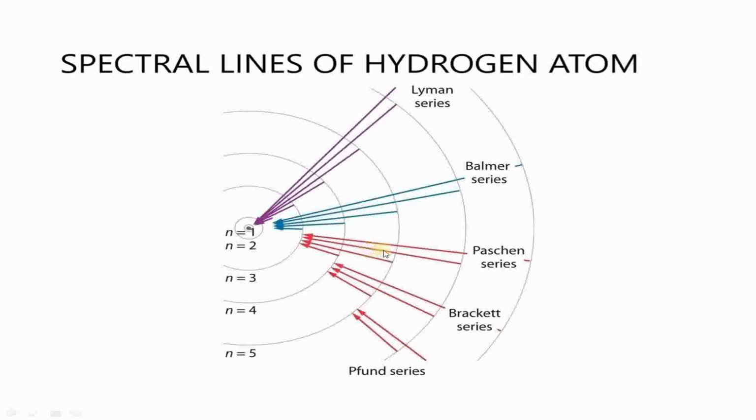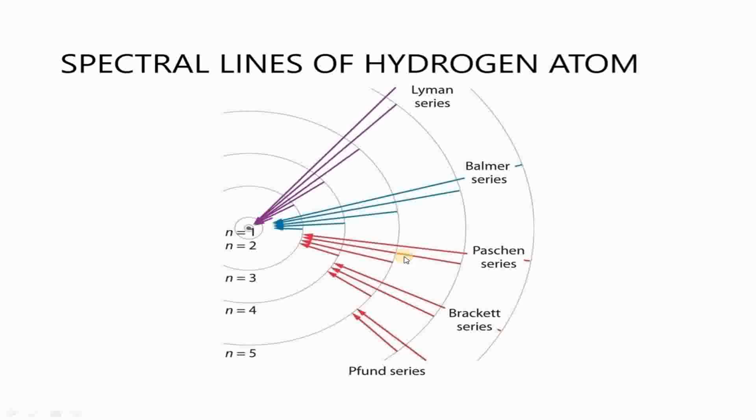Similarly, the third series is the Paschen series. Here electronic transition takes place from n greater than or equal to 4 to n is equal to 3. Whatever series of photons we get is called the Paschen series.